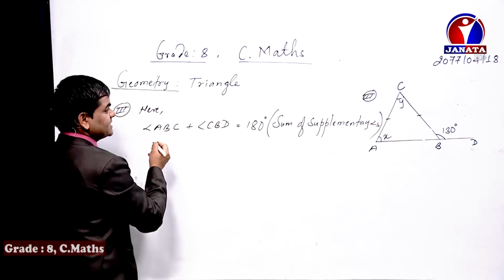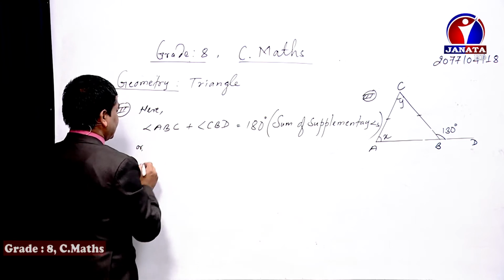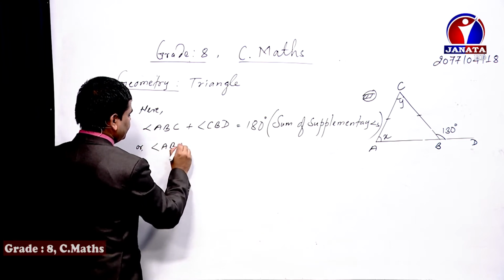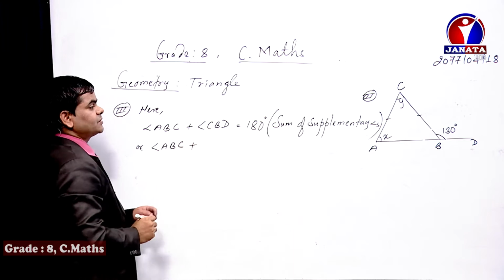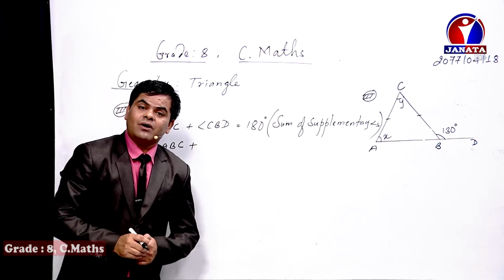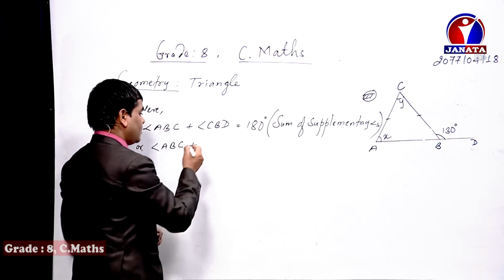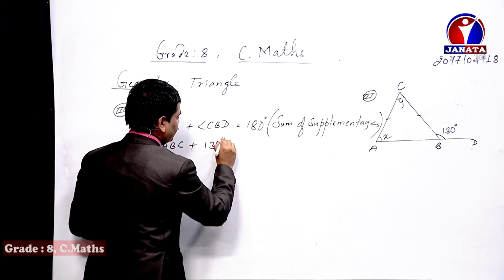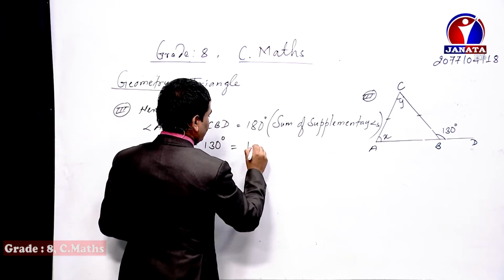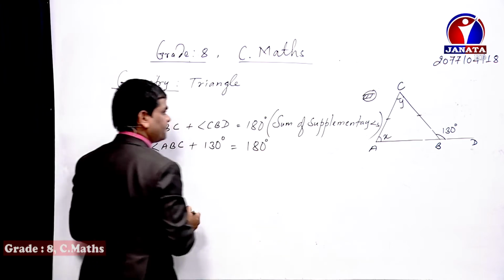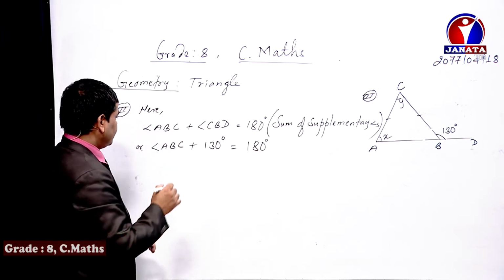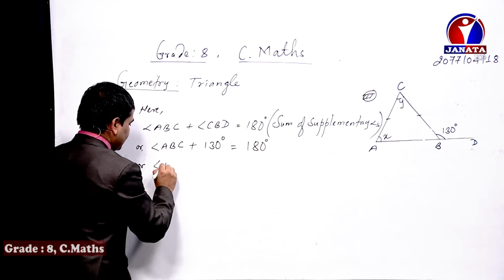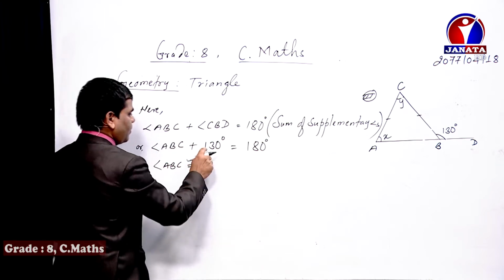Now this angle ABC has to be found out, so we keep angle ABC, and then in the place of CBD, the value of angle CBD is given as 130 degree, so we keep here 130 degree. Now it equals 180 degree, isn't it? Now dear student, angle ABC equals 180 degree minus 130 degree.